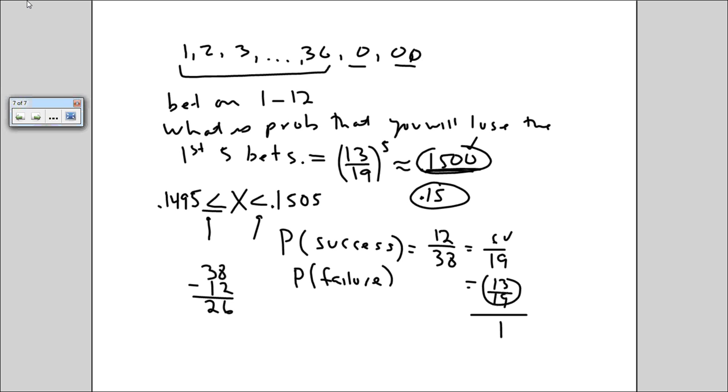Well, I have a problem with that. It's wrong. The left one should be 0.14995, and the next one should be 0.15005. Because if this digit is 5 or more, and it is a 5, you have to bump that one up.